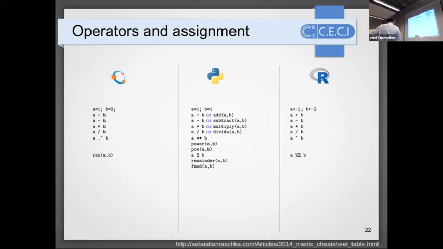Okay, so the basic operations are done with the usual signs in all 3 languages, but you see that Python has specific names also available. So you can either use the infix operator, or you can use a function that does exactly the same thing.